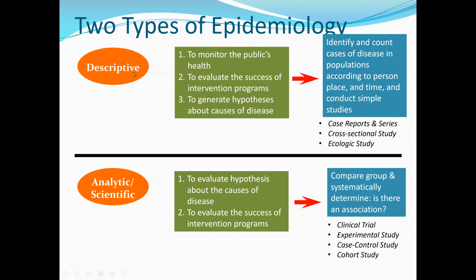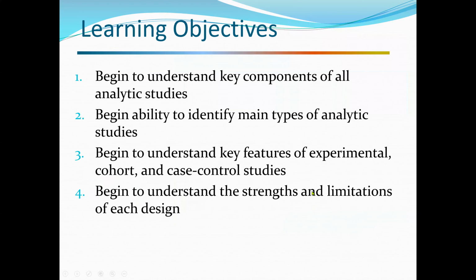And with descriptive, the main goal is to generate hypotheses about causes of disease. We generate in descriptive and we evaluate in analytic. With the analytic epidemiology studies, we have the clinical trial, experimental study, case control study, and also cohort study. And we shall go through each one.